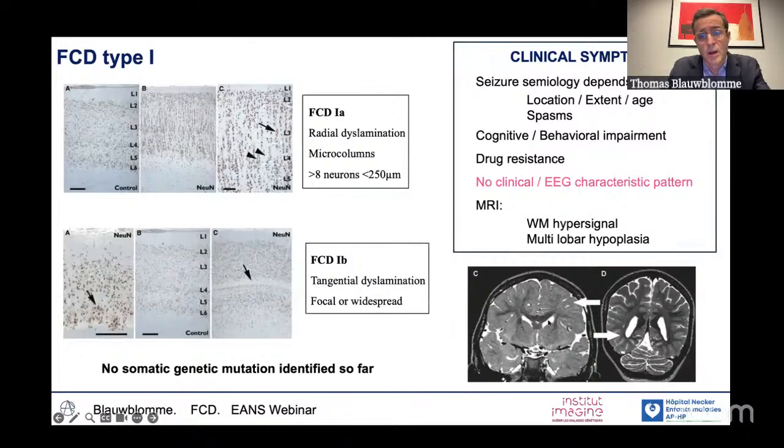There is a global hypersignal in T2 and FLAIR images of the white matter, but mostly the hemisphere or the lobes look hypoplastic if you compare it to the other side. So it's really subtle. It's not a clear syndrome, and it's really variable from one patient to another. And what is important is that no somatic genetic mutation has been identified so far associated with this disease.